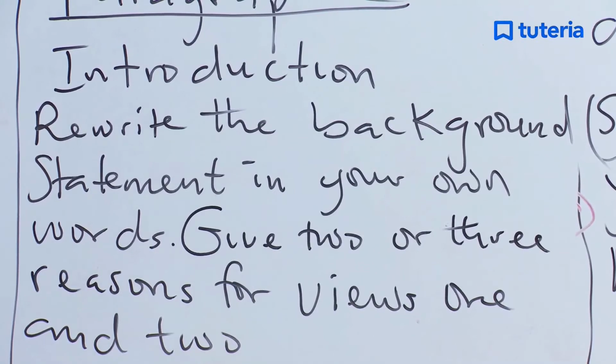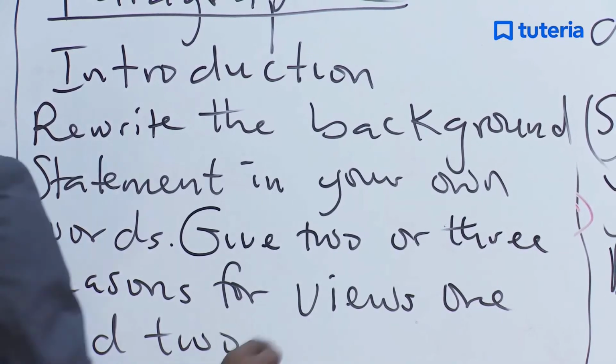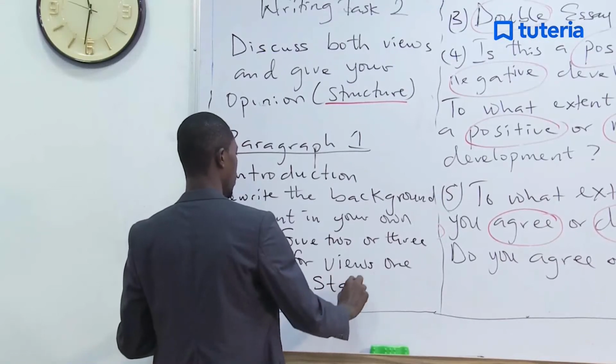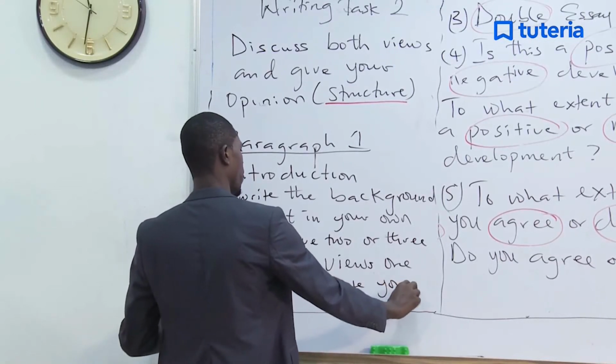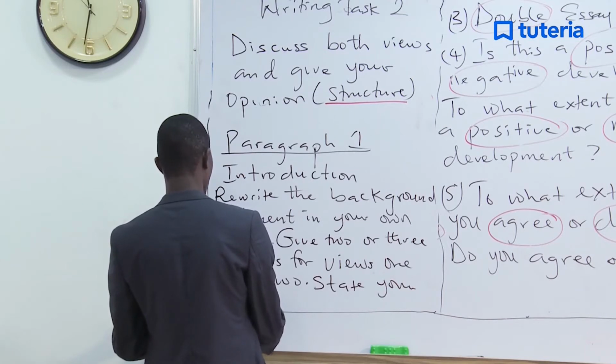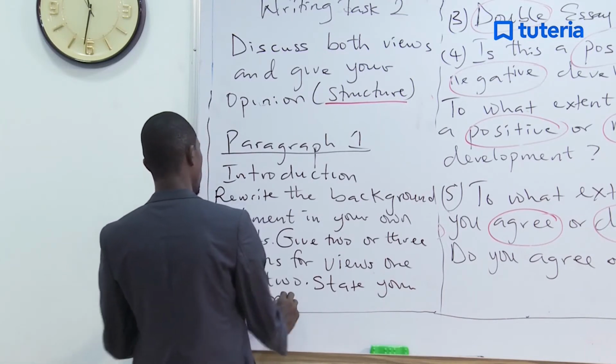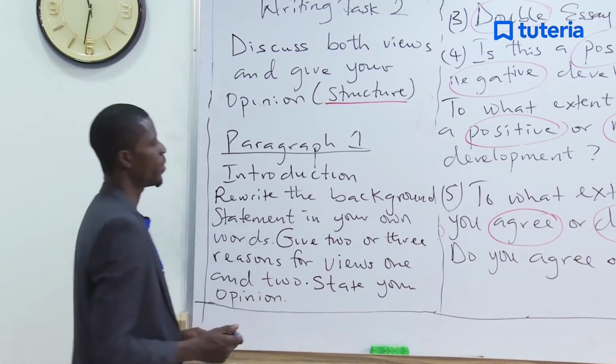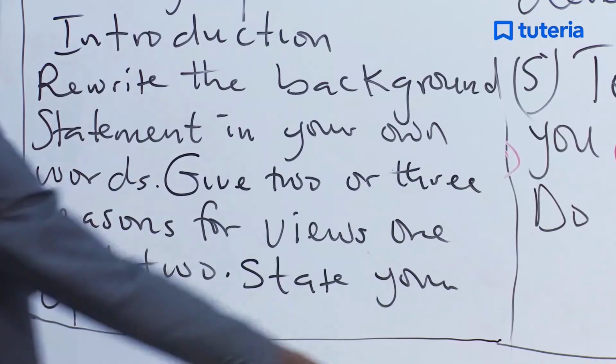You know we have 2 views, right? So we are giving reasons for views 1 and 2. Then the last thing is state your opinion. State your opinion. So these are the components of our introduction.